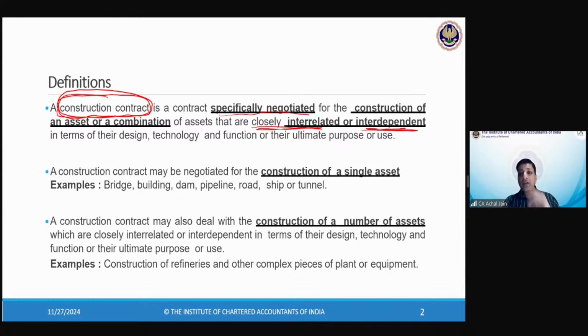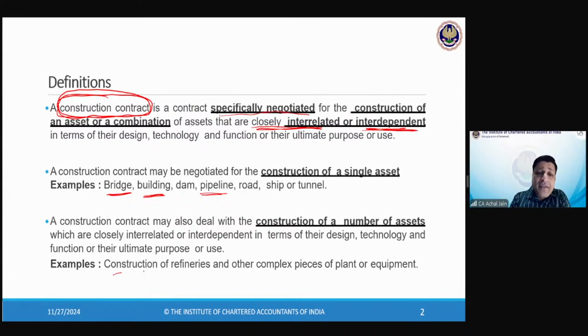As you can look through these examples also: if a bridge, a building, or a pipeline is required to be constructed, all of these take a substantial period of time. That's why the construction of them in relation to the contract will fall under the purview of AS7.